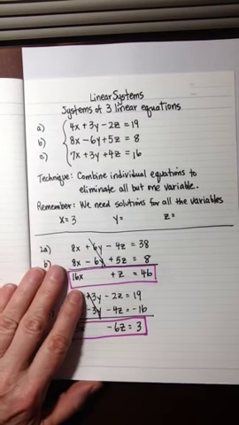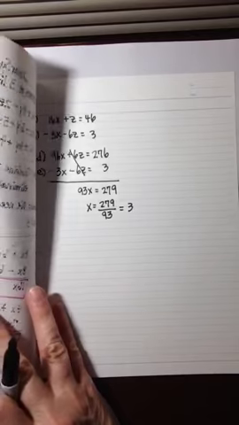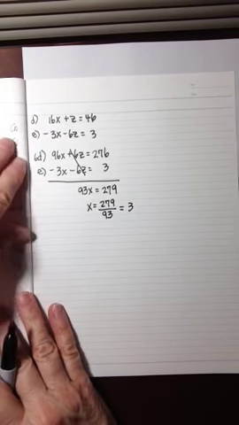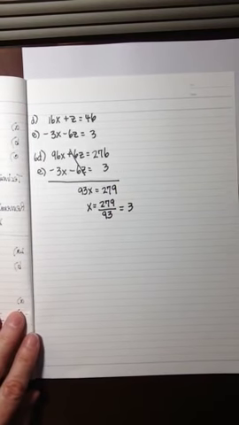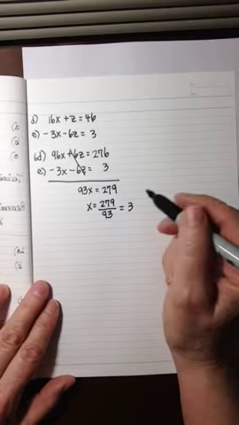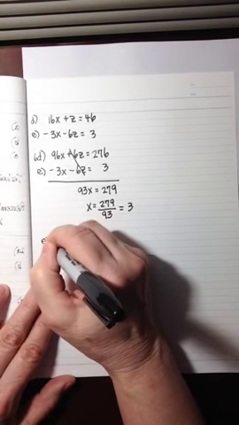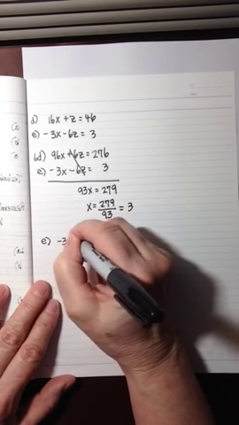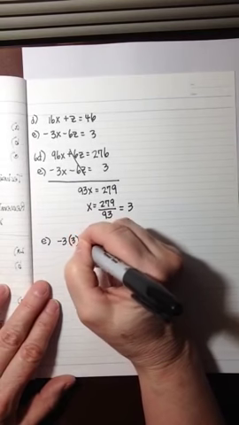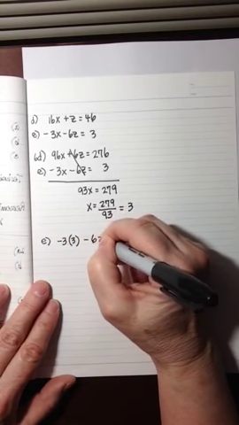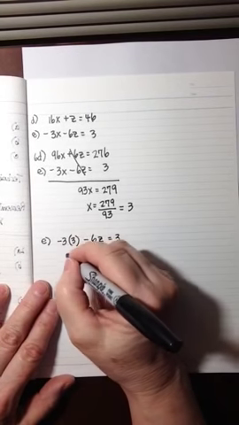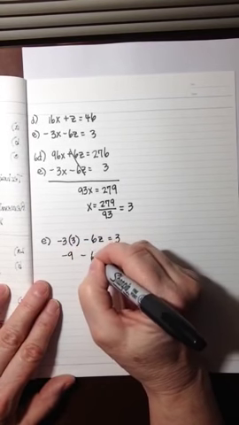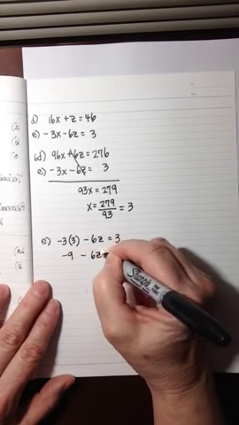So now that we have a value for x, we're going to use one of our equations to discover a value for z. I'm going to put this value back into equation E, and so I'm going to have minus 3 times 3 minus 6 times z equals 3. So this becomes minus 9 minus 6z equals 3.